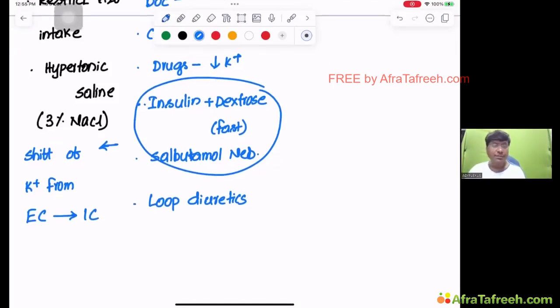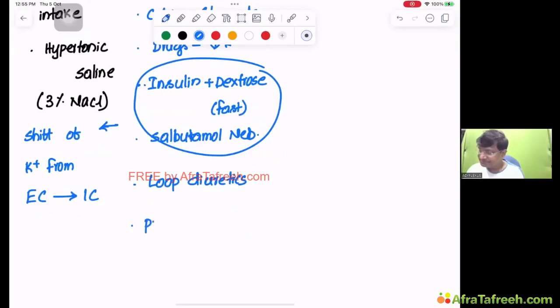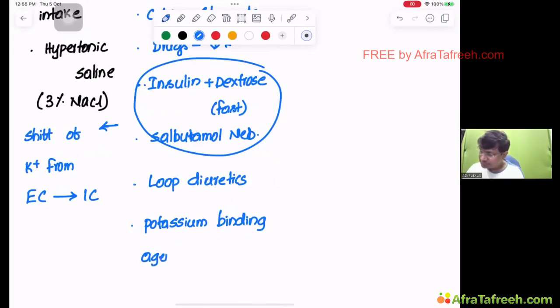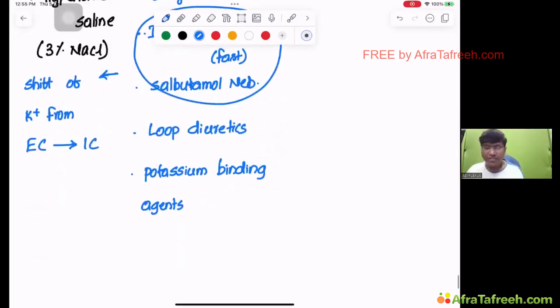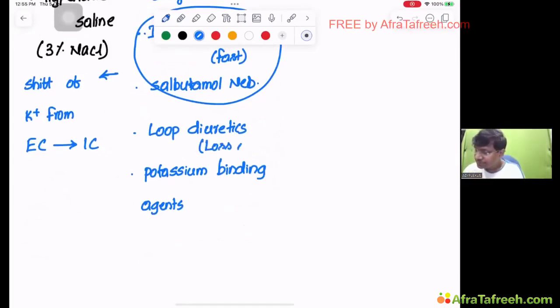That will promote urinary potassium loss. Then followed by that, we have potassium binding agents. The loop diuretics will cause loss of potassium in the urine.